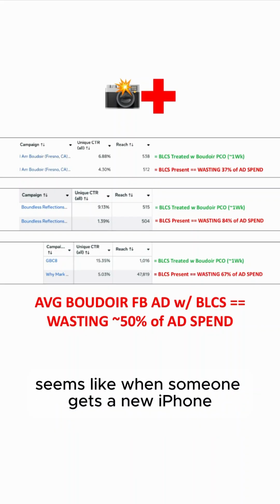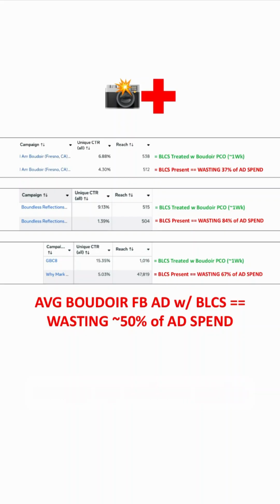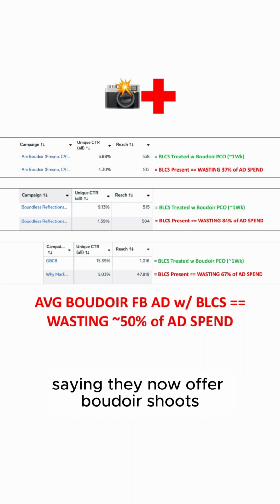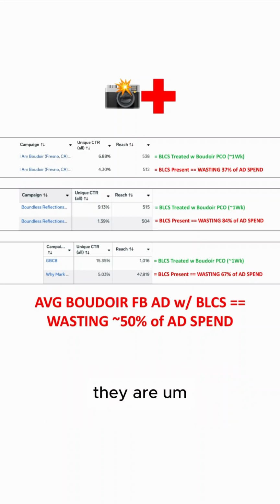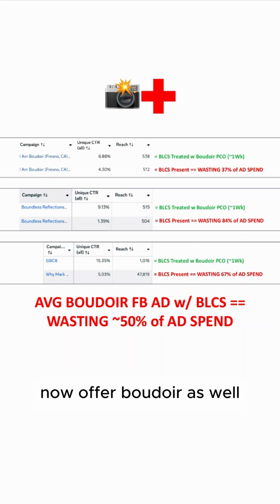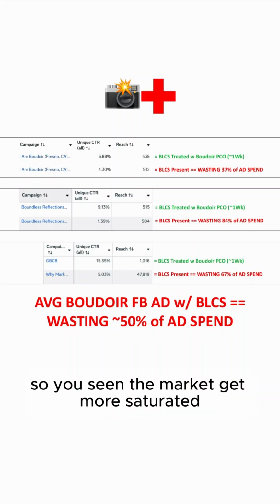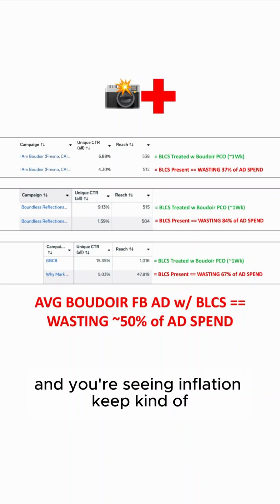It seems like when someone gets a new iPhone, they throw up their Google My Business profile saying they now offer boudoir shoots. And it seems like when everyone gets a new camera, they are literally posting in the mom groups that they now offer boudoir as well. So you're seeing the market get more saturated, harder and harder to compete.